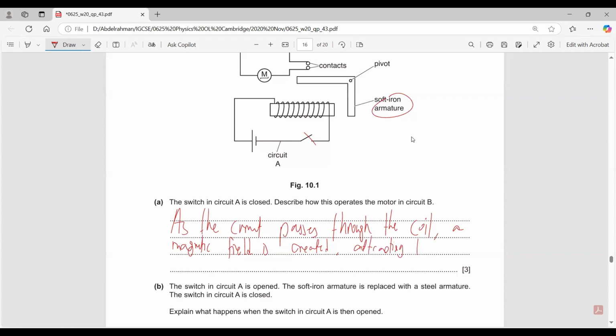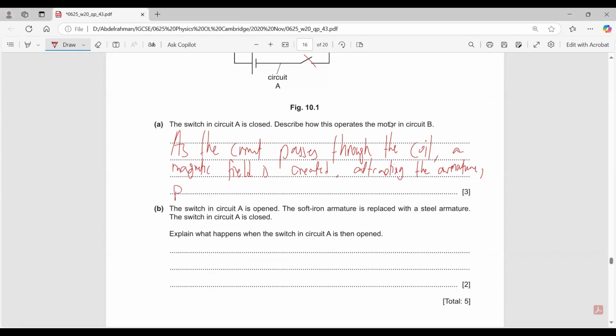As the soft iron armature is attracted, it pivots upwards, and therefore the contacts touch. That's it.